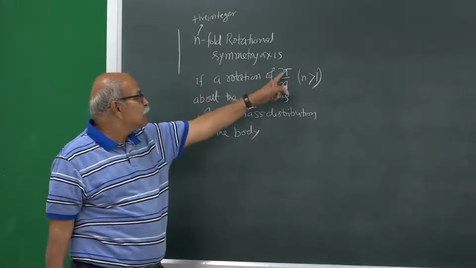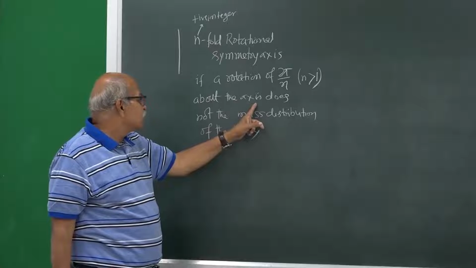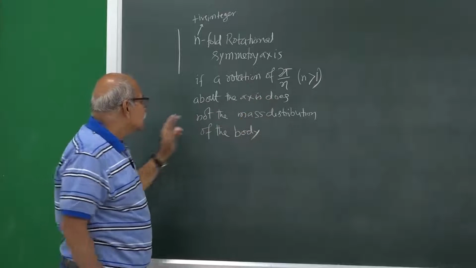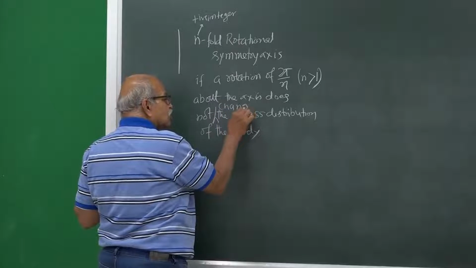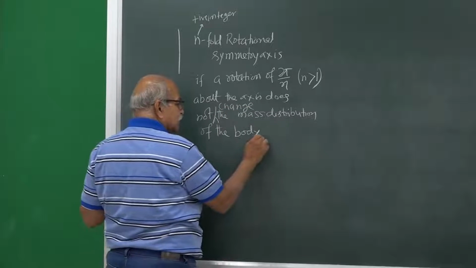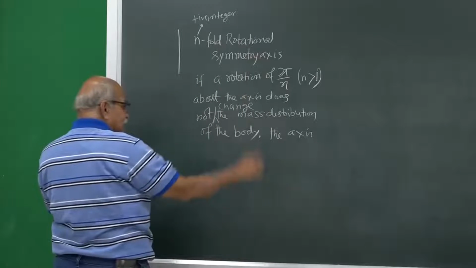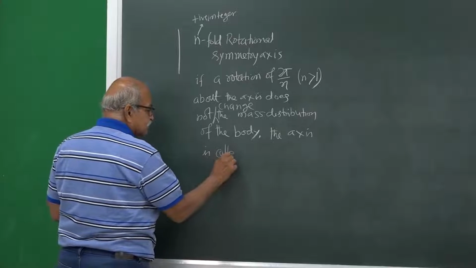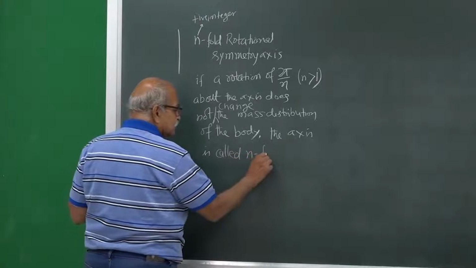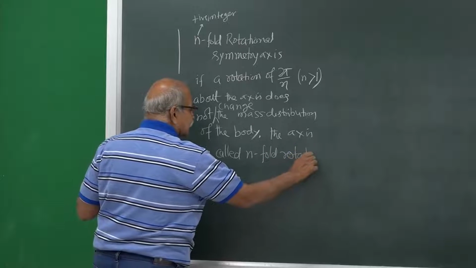If a rotation of 2 pi by n with n greater than 1 about the line does not change the mass distribution of the body, this axis or this line or this direction is called an n-fold rotational symmetry axis.